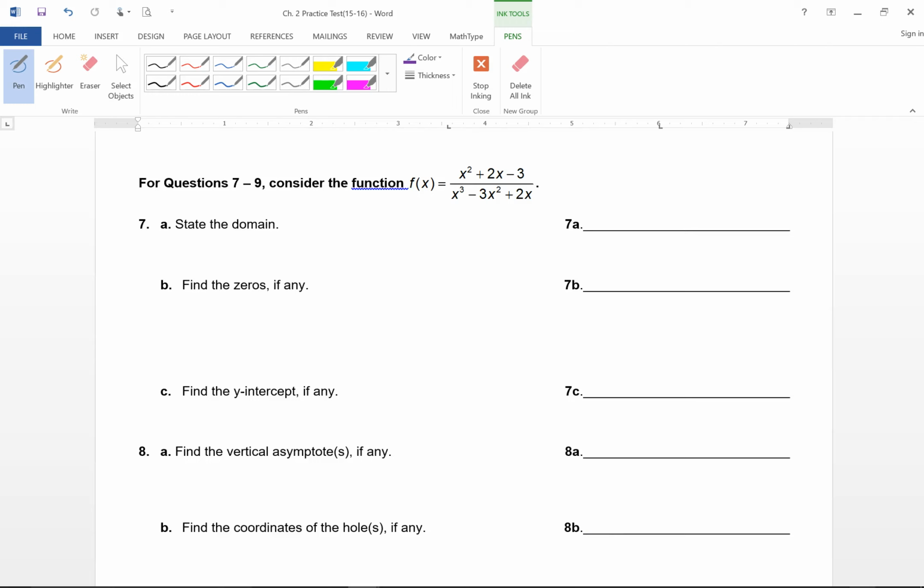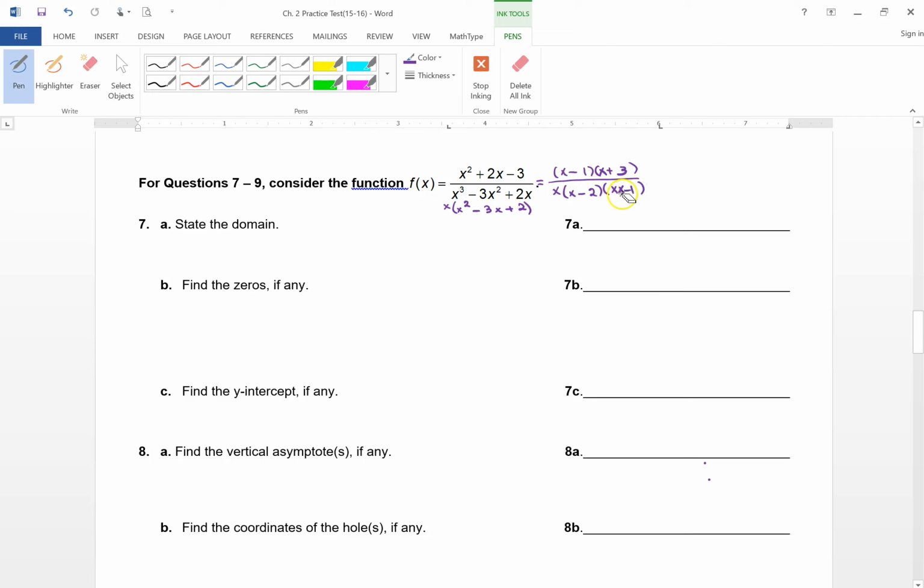When you see one like this, first thing you want to do, factor everything. So here, I'm going to factor the top, and I'm going to get x plus 3, x minus 1. In the bottom, I have x times x squared minus 3x plus 2, which factors to x times x minus 2, x minus 1.